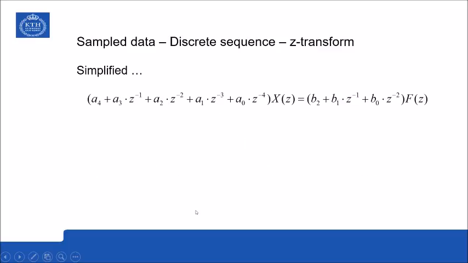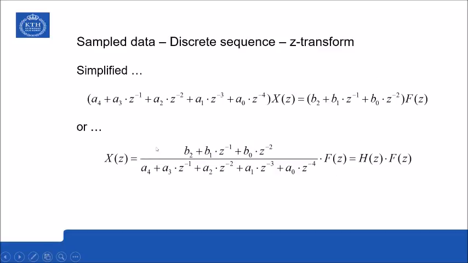If we simplify, we extract the Z-transform of the displacement and the exciting force, and we can also write it like this: the displacement transform is a factor times the excitation transform, and this factor we denote by H of z.